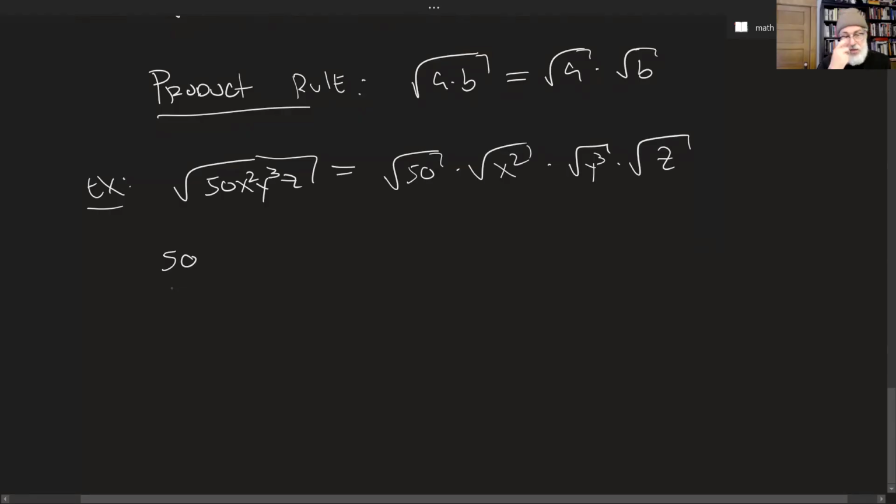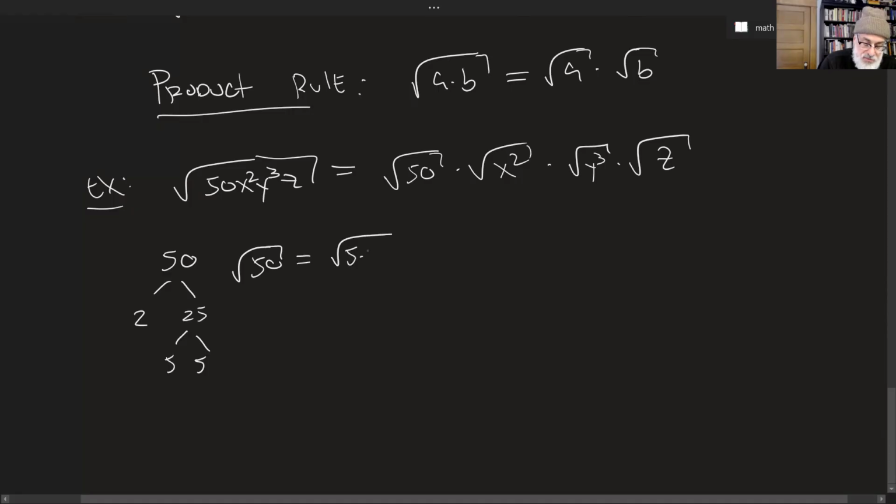Remember, if I can evaluate 50, I want to do so. So I know this is 2 times 25, and 25 is 5 times 5. So that's its prime factorization: 5 times 5 times 2 is the square root of 50.